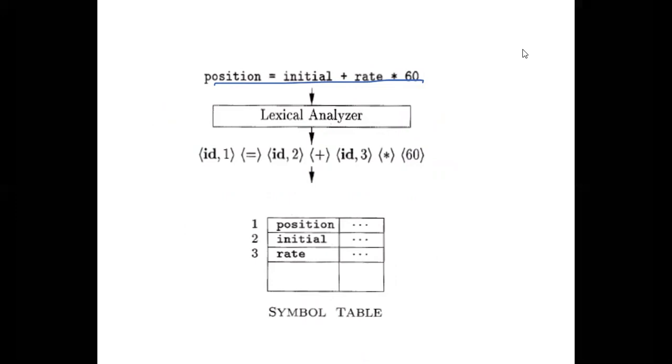This is one line of your program, and it goes as input to your lexical analyzer. The lexical analyzer breaks up this string into smaller units, which are known as lexemes.